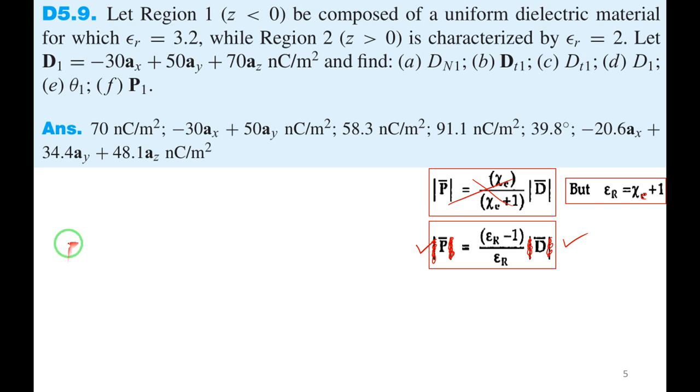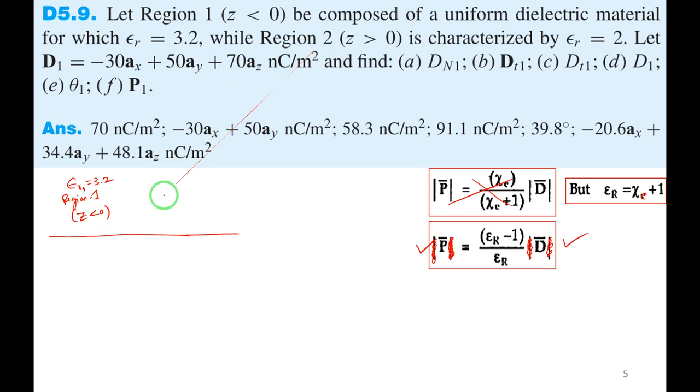Let me try to draw the diagram here. Higher permittivity, let me call it region 1, with epsilon r1 equal to 3.2, where z is less than 0.